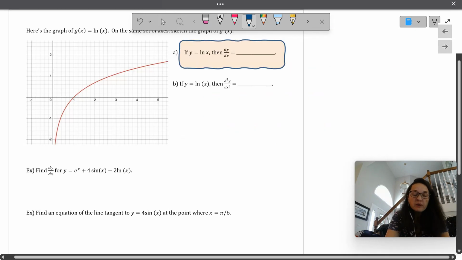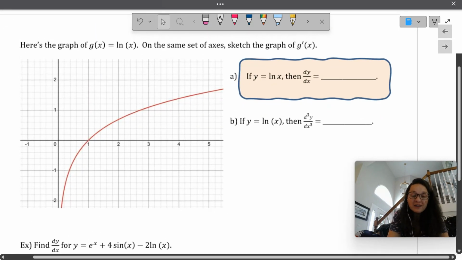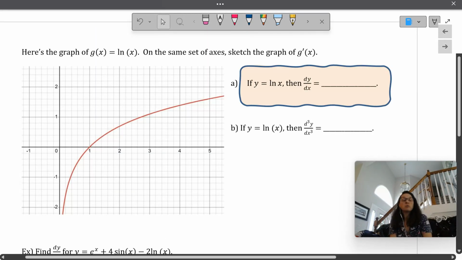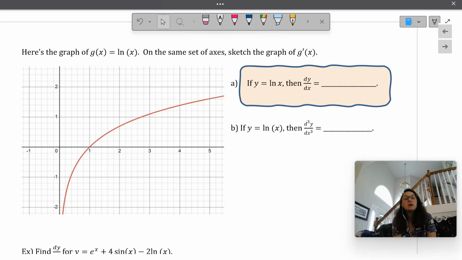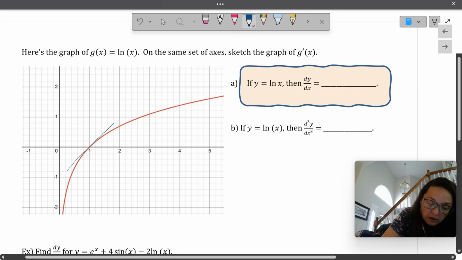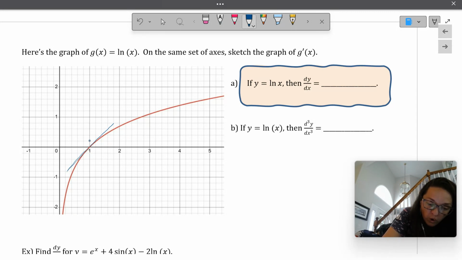Last one. So when we talk about y equals ln x, which is the inverse of y equals e to the x, if we do the same thing and try to plot the derivative, if you want, pause it, sketch in some slope lines. Otherwise, I'm just going to ramble a bit. So if I come here to 1 and I draw that in, it looks like my slope at 1 is 1.